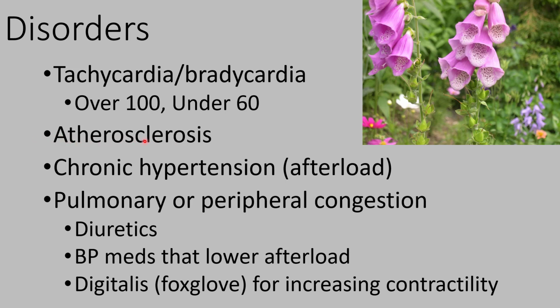It causes your heart to have to work harder to eject blood. Chronic hypertension, same idea. High blood pressure that lasts for a long time keeps that afterload elevated, keeps an ongoing extra exertion on the heart.